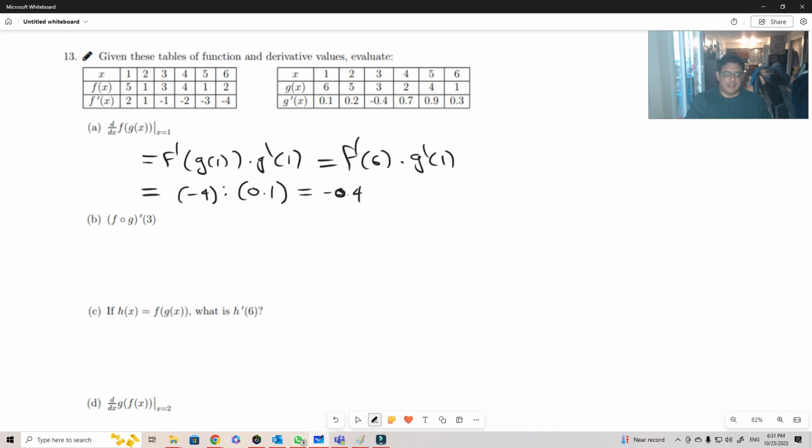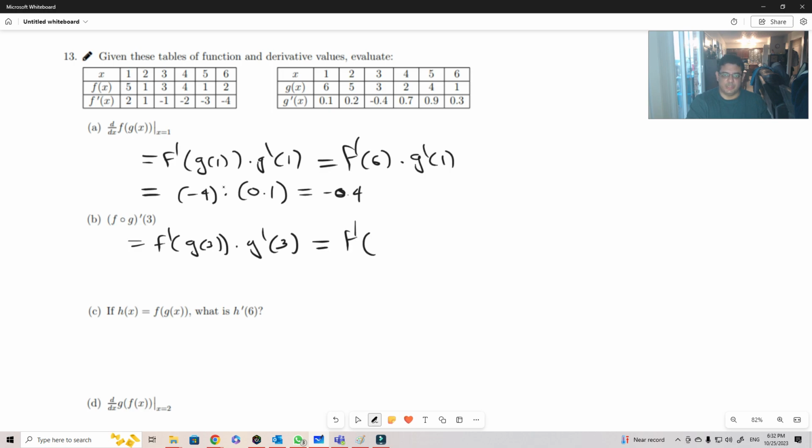Now this second one is another way of talking about the derivative, the chain rule. Why? Notice that this symbol is a composition. Okay, so this f composed g prime of 3 is still talking about f prime of g of 3 times g prime of 3. So it's similar to the one that we just completed. So what is g of 3?